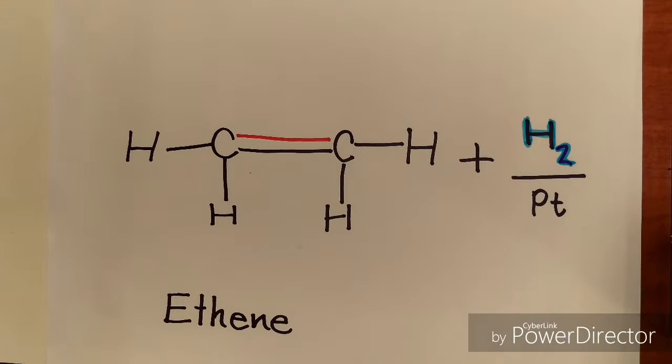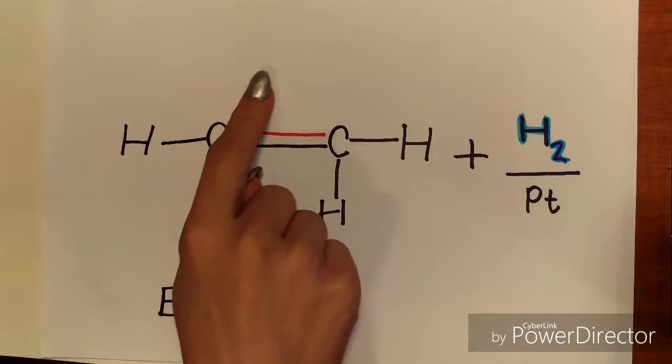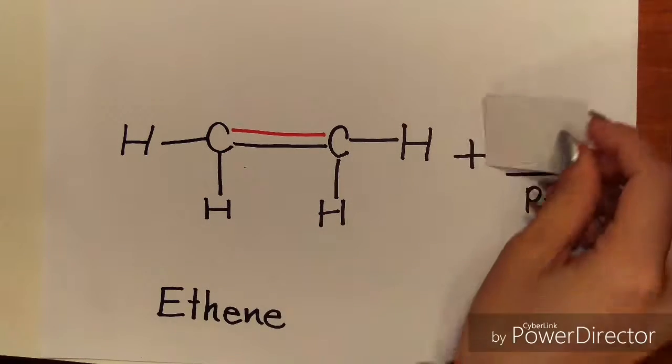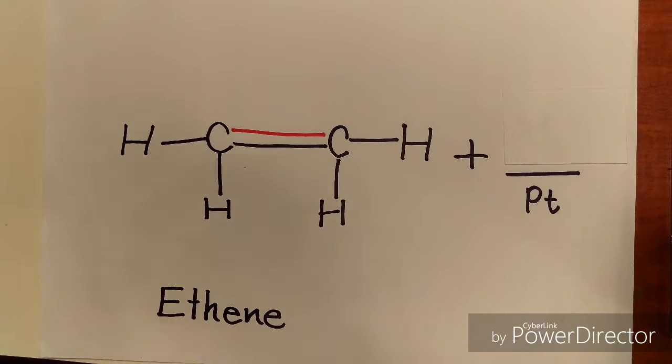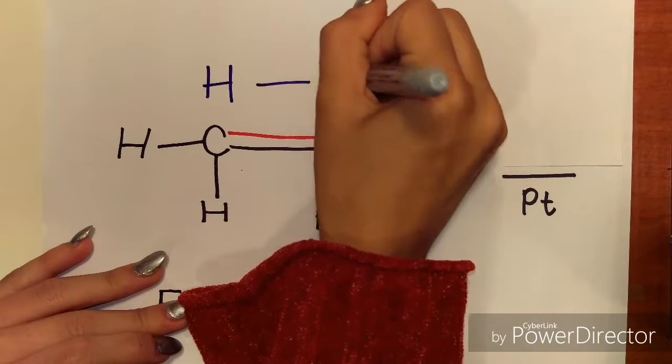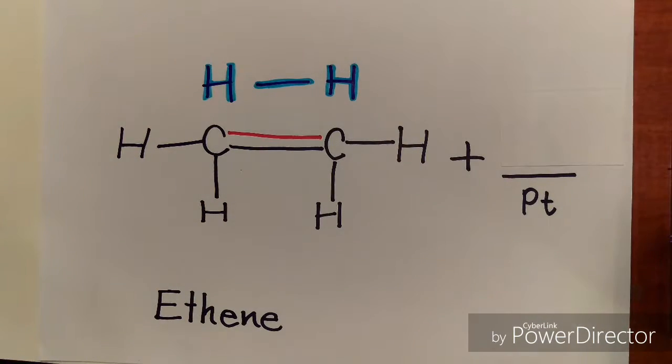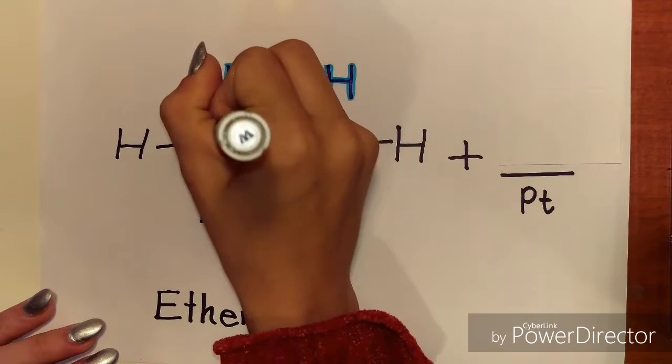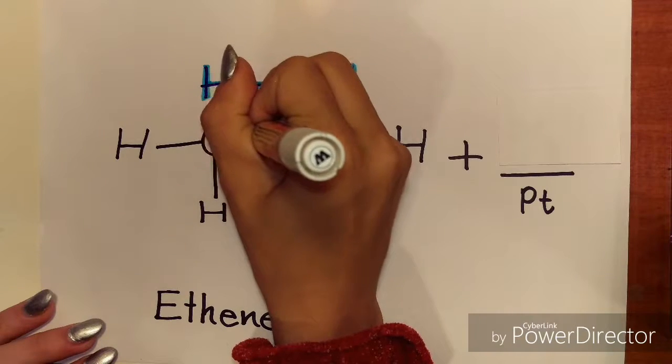Again, our first step will be to move the hydrogens over top the double bonded carbons. We will then break this bond and reattach it to one of the hydrogens.